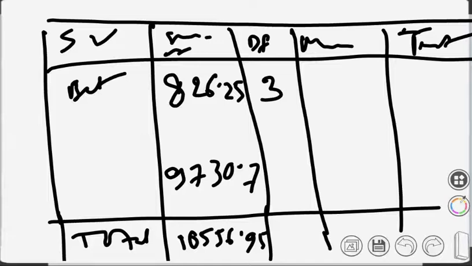The formula was R minus 1, isn't it? Look at the table. So 4 groups, 4 minus 1 is 3. And here it is N minus 1.